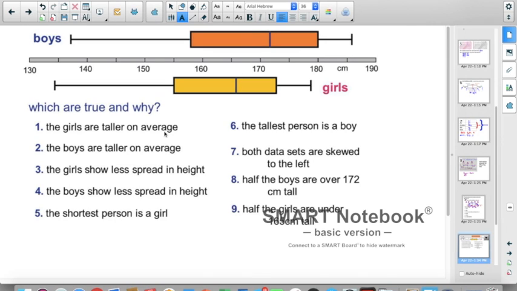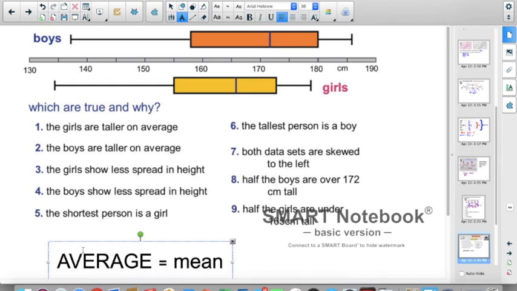Number one, the girls are taller on average. Well, again, what does that word average mean? I actually just said it. Average is your mean, right? It's the average of all the numbers. A box and whisker plot does not tell us the average. It doesn't tell us the mean. It tells us the median, though, right? This middle line is our median.